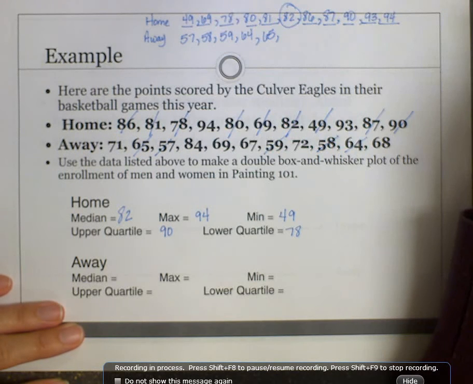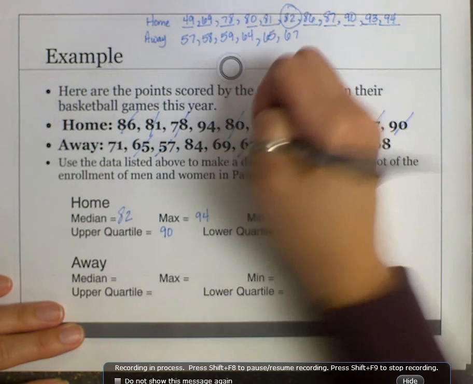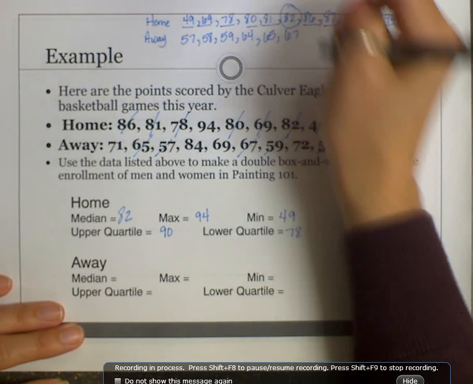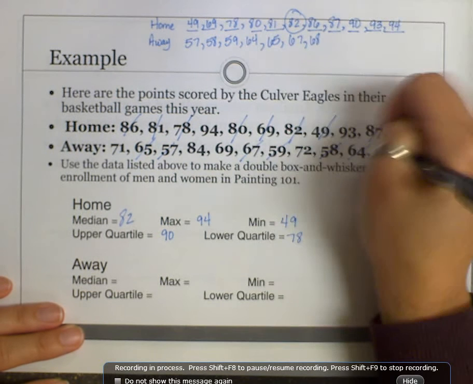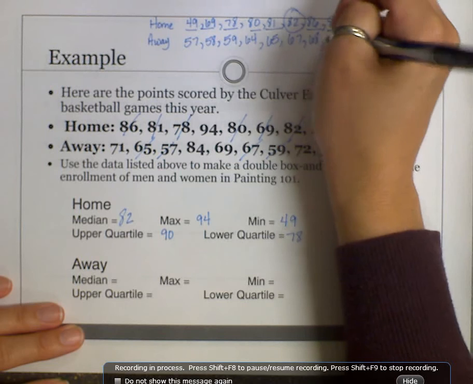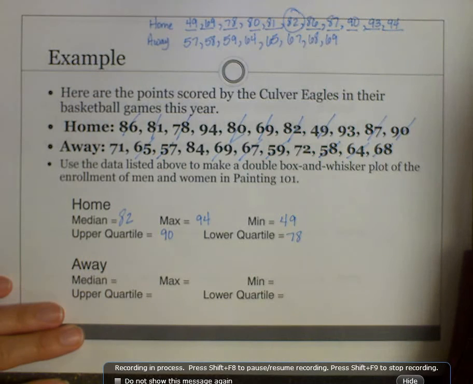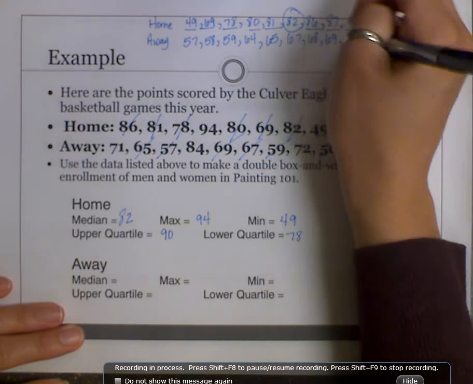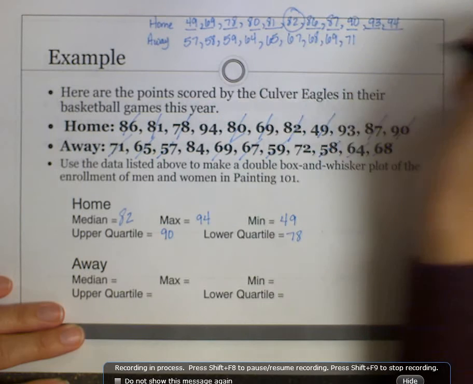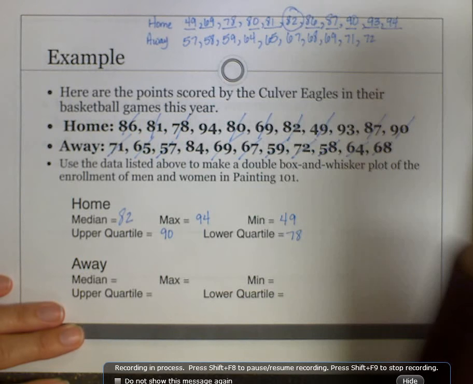After 65 is 67. After 67 is 68. After 68 is 69. After 69 is 71. After 71 is 72. And after 72 is 84.